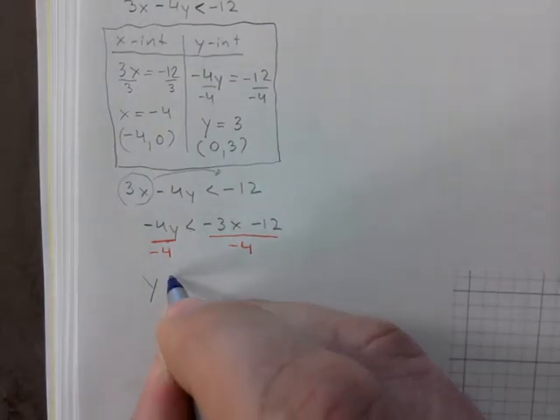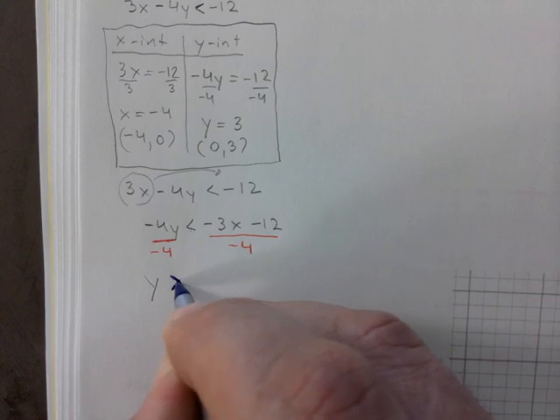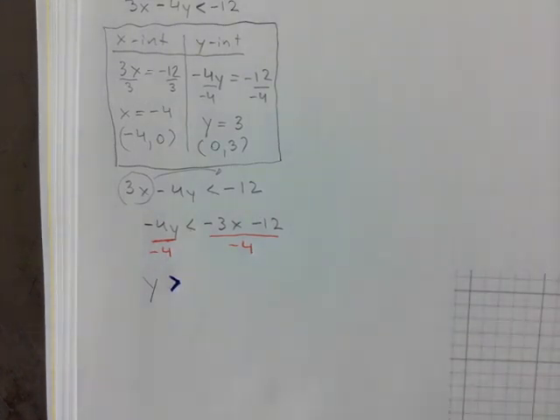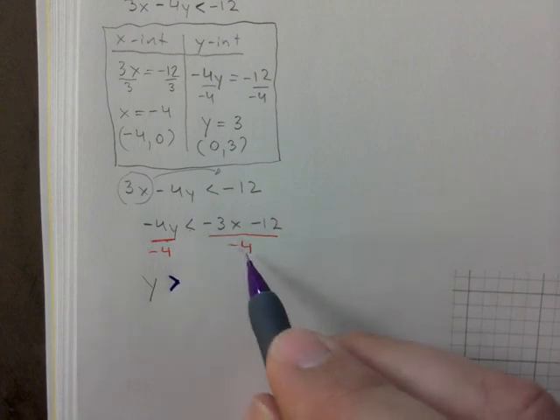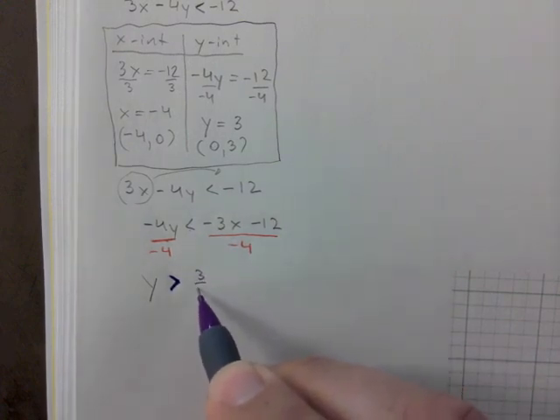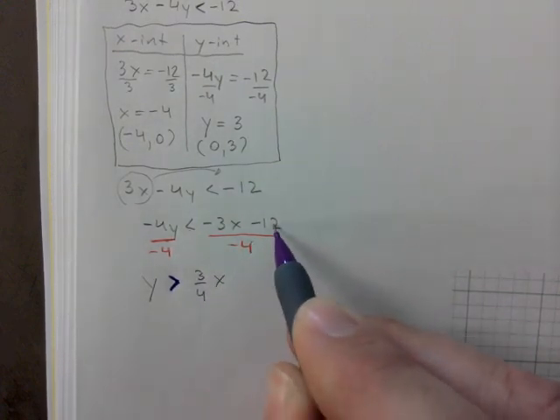Let me use a blue pen for that. And then negative and negative, that's 3/4 x plus 3.